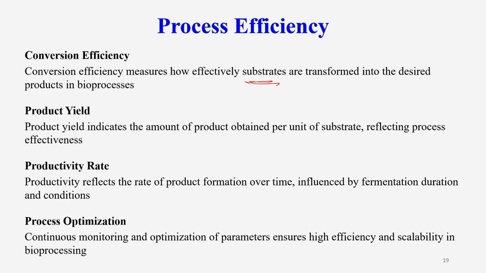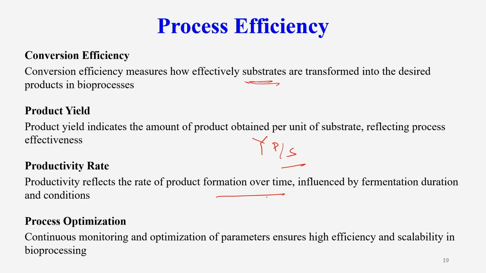It should ensure 100% utilization. Then product yield indicates how much product is obtained, let us say Y P by S. You have to maximize the product yield and the productivity rate, that is the rate of product formation over time.